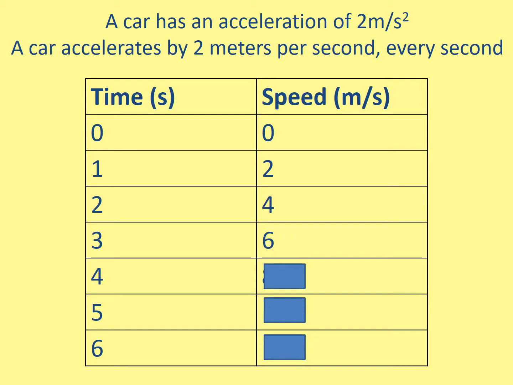And after 4 seconds, 8 meters per second. After 5 seconds, 10 meters per second. And after 6 seconds, 12 meters per second. So after every second, the car increases its speed by 2 meters per second. And that's what an acceleration of 2 meters per second squared means.